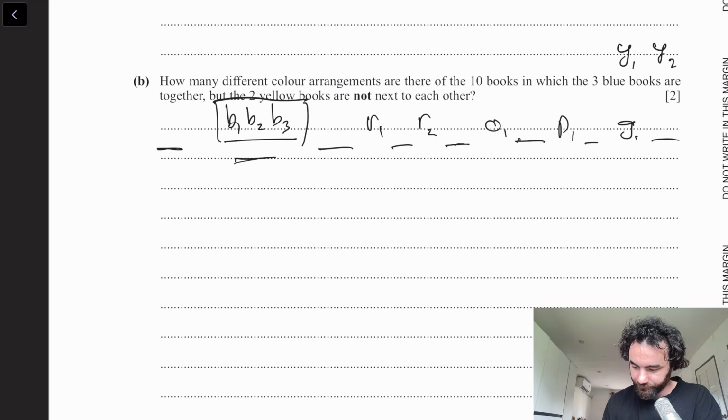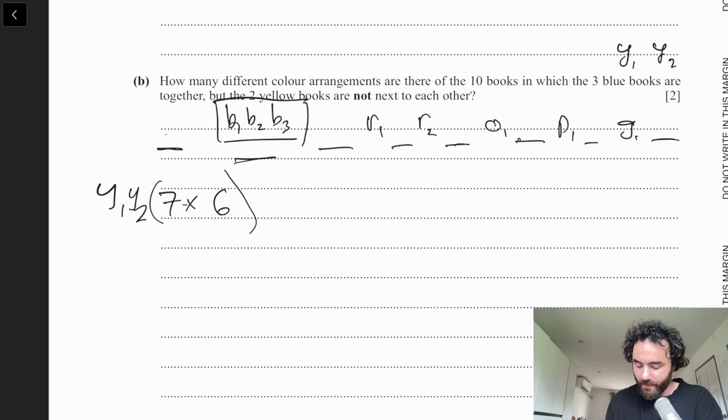We could put the yellow one here: 1, 2, 3, 4, 5, 6, 7. There are 7 spots for the first yellow one. But then for that arrangement, there are 6 slots for the next one, because we've taken one of the slots.